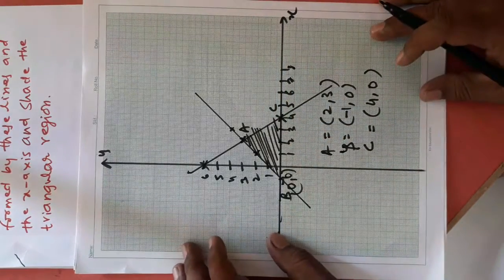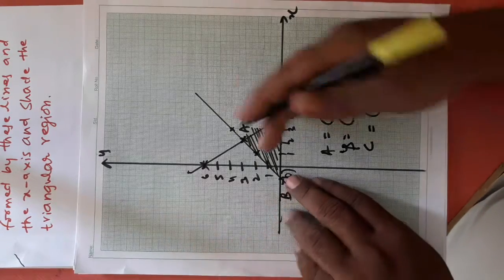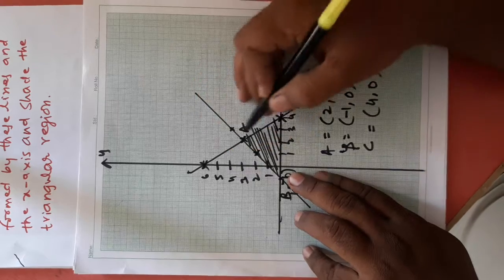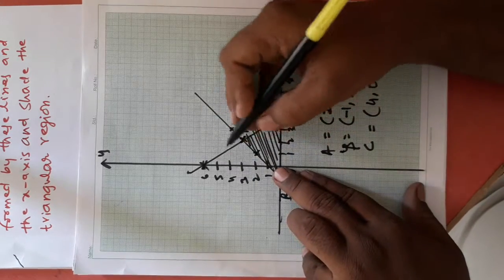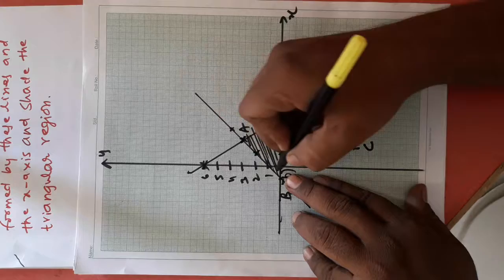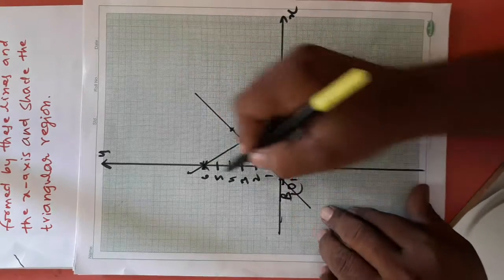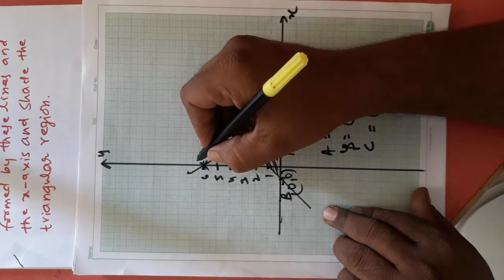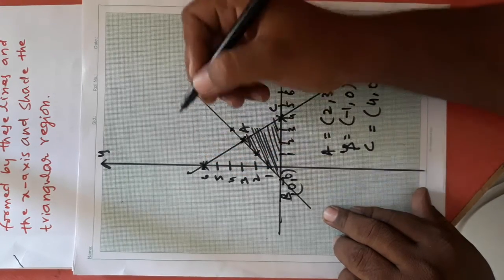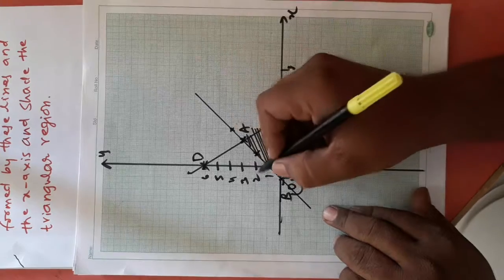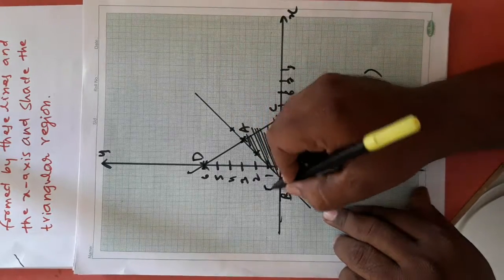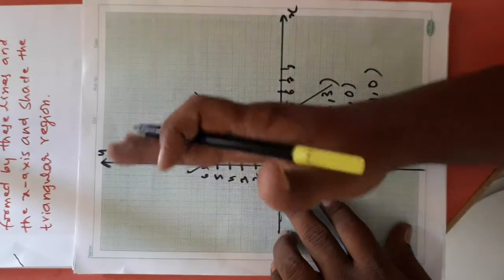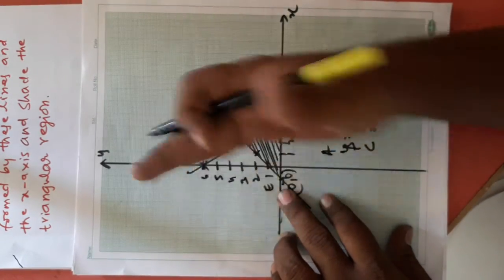Okay. If they asked you the coordinates of the triangle formed by these two lines and y-axis, then this will be my triangle. This is the y-axis. This is A, this is D, this is E. ADE is the triangle formed by these two lines with y-axis.